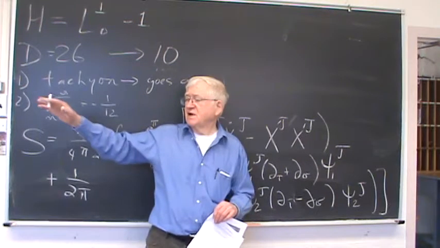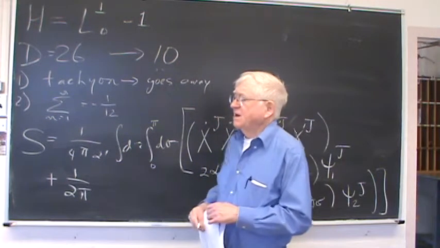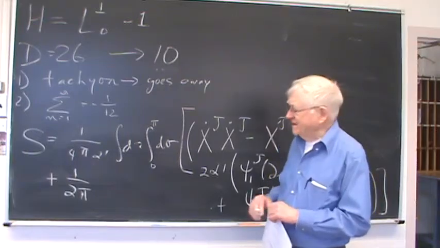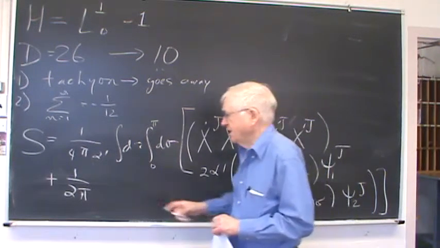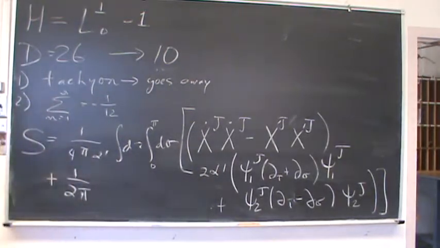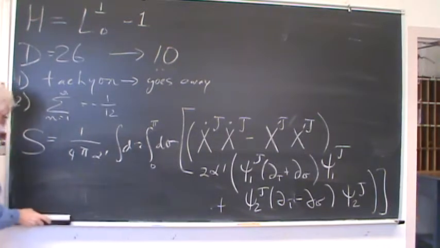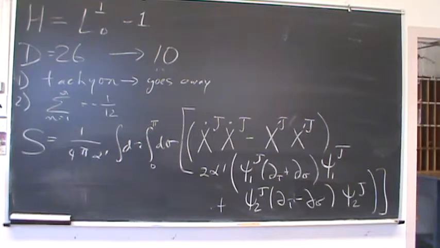So far we've been doing things in the light cone gauge, and the advantage of the light cone gauge is that you don't have any spooky constraints. In other words, all the operators basically are what they seem to be, and there are some constraints, but that's basically it.